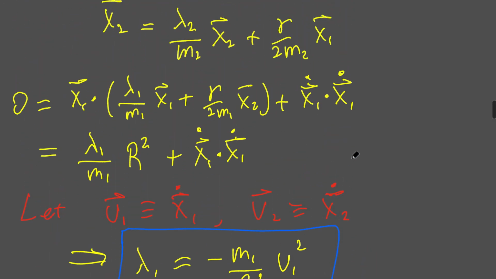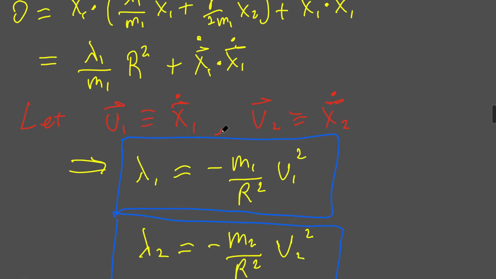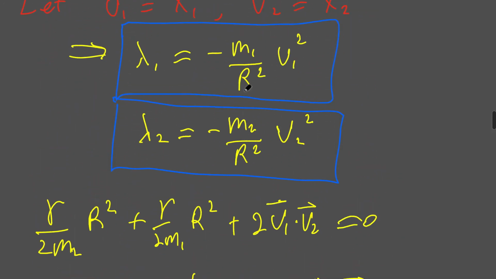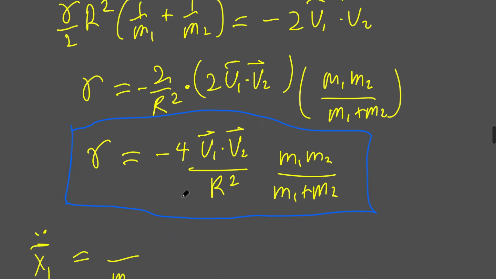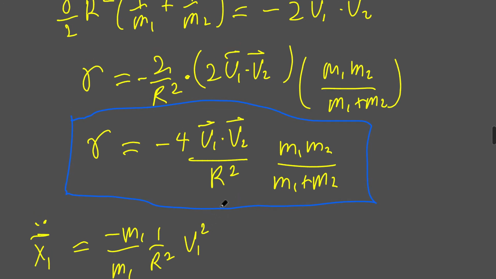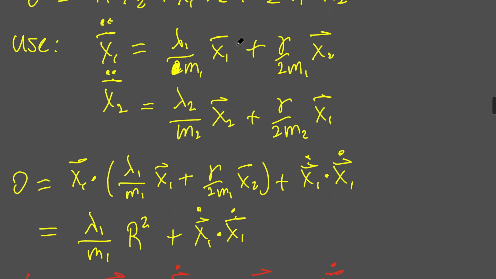So we can go back and use those in our equations of motion for x1 double dot and x2 double dot. So first we have x1 double dot equals lambda 1 over m1 times x1 vector. So let's write that down. x1 vector double dot equals lambda 1 over m1, but lambda 1 was minus m1 over r squared times v1 squared, and all of that, if we look back at our equation of motion, is times x1 vector.